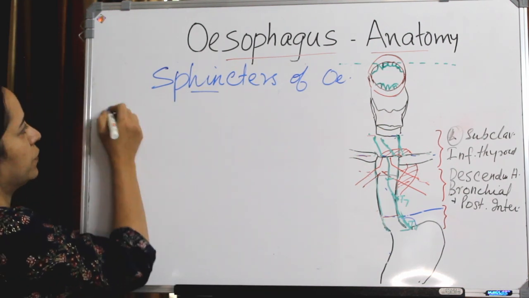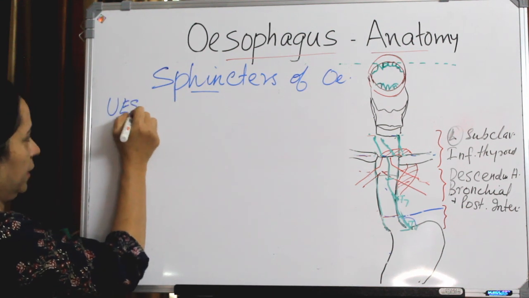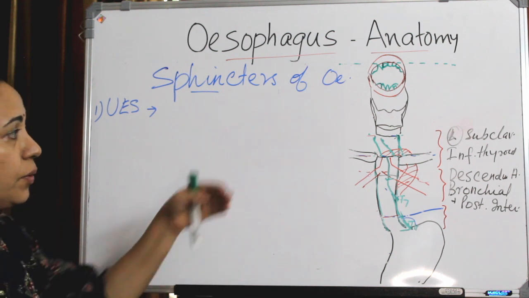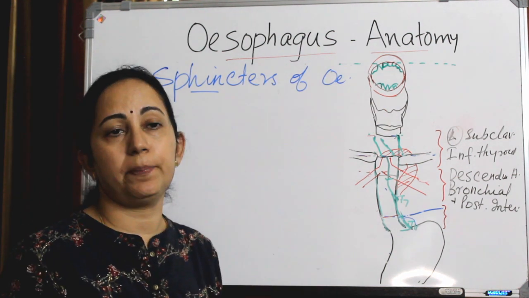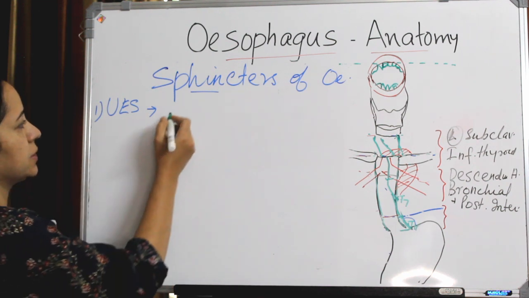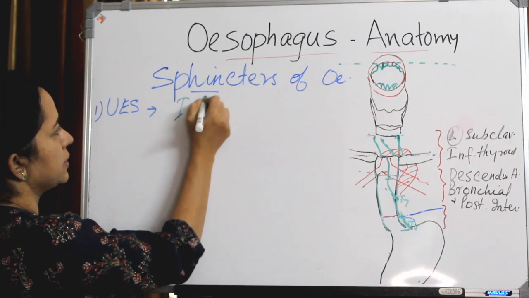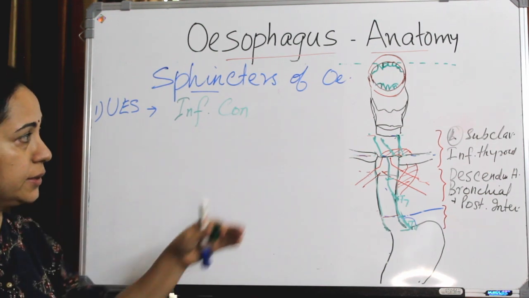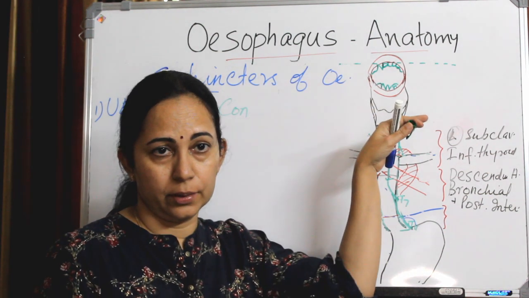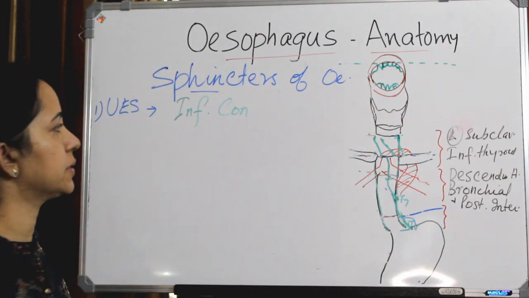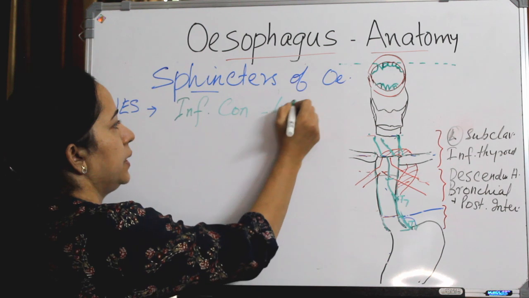The upper esophageal sphincter is formed by the cricopharyngeal part of the inferior constrictor, at the cricopharyngeal sphincter area, and this aids in swallowing. Its main role is in swallowing, and it has a basal resting pressure of around 42 millimeters of mercury.